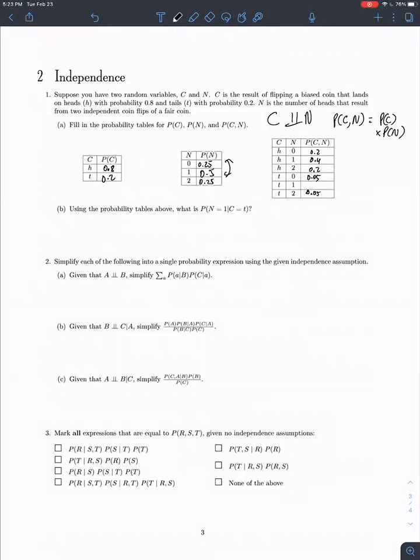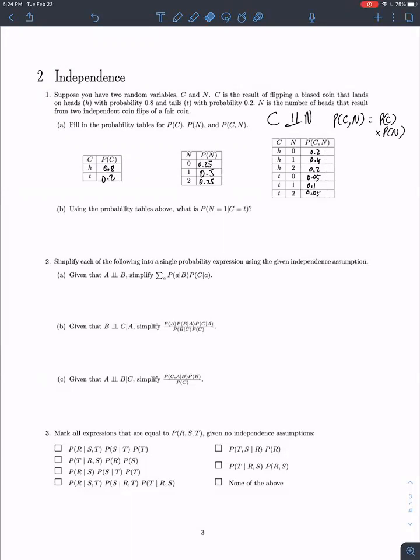And tails with 1, 0.2 times 0.5, that's 0.1. We can add these up to check that this is really a probability distribution. Do they really sum to 1? 2 plus 4 plus 2 plus 1 is 4, 5, 6, 7, 8, 9. Plus 0.05 plus 0.05 brings us all the way up to 1. So it's good. We succeeded today.